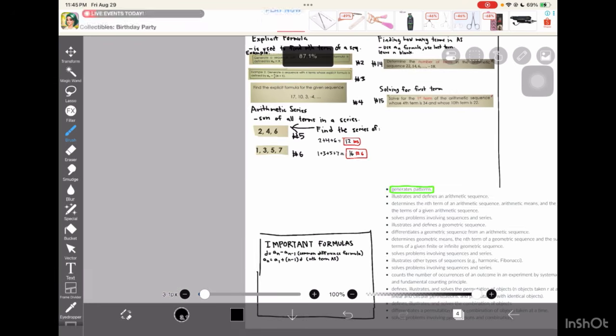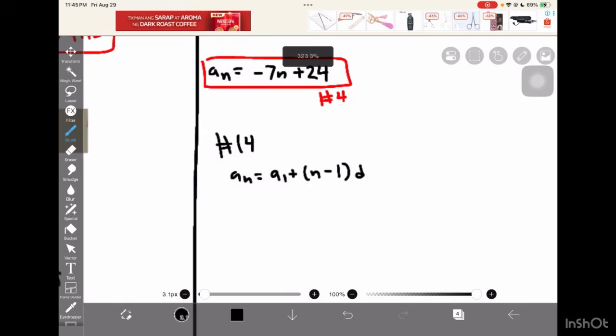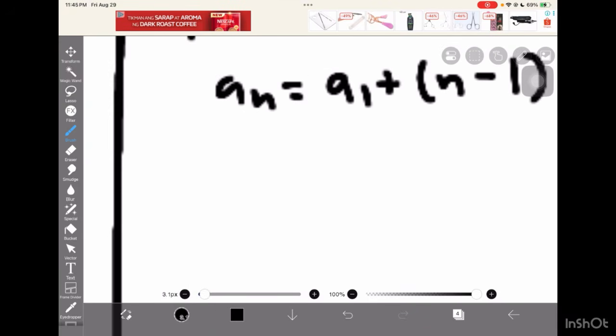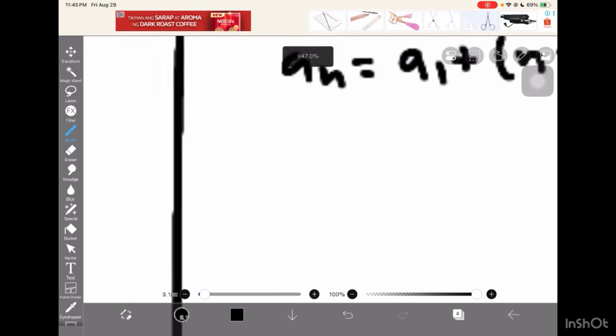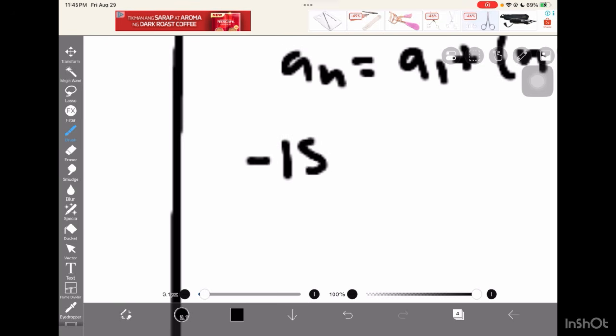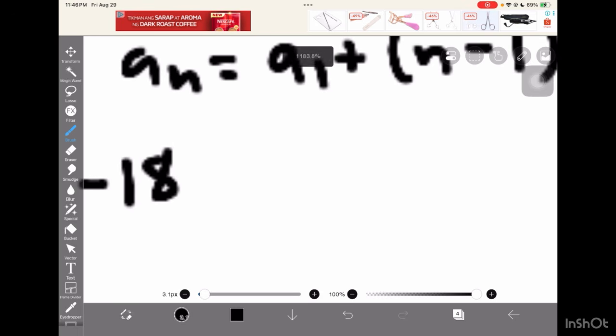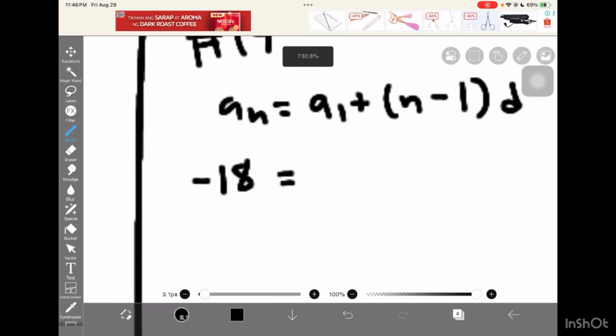So first we substitute a sub n. We do know what a sub n is, which is negative 18, because that's our last term. And our last term will help identify n. And then we substitute the rest.